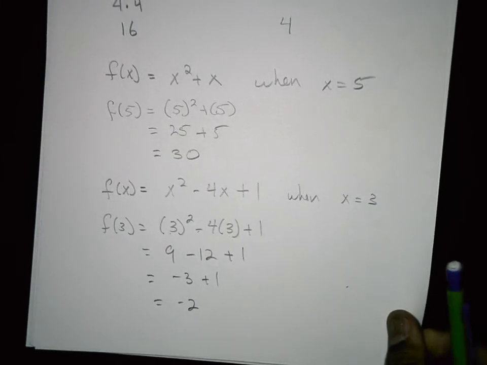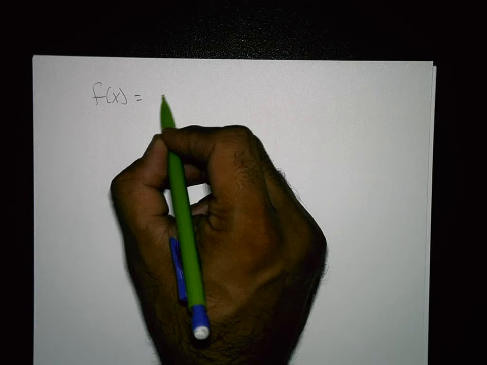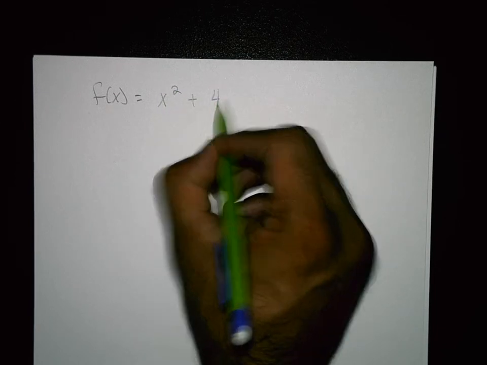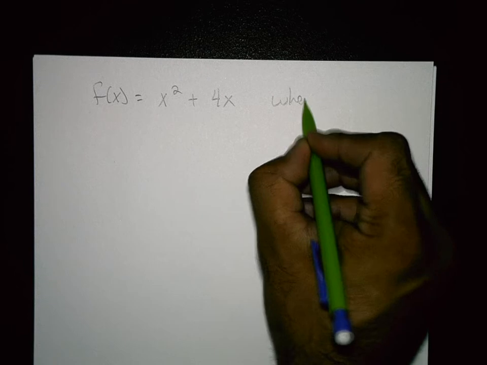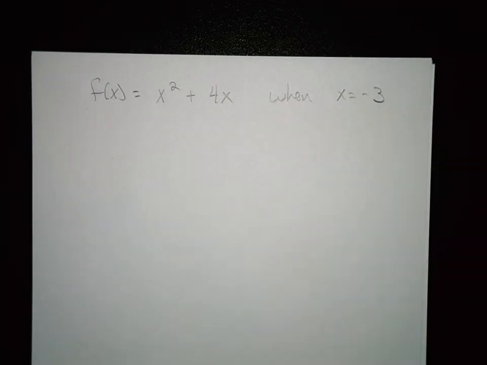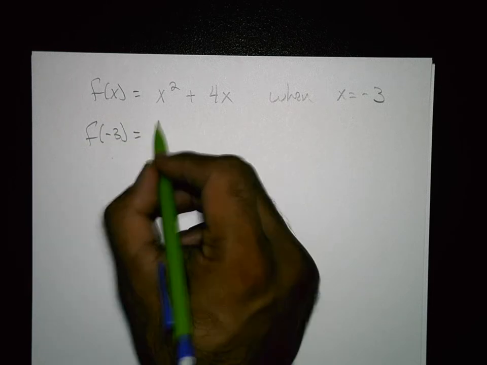Where most of the problems occur is when people have negatives. If I gave you something like f of x equals x squared plus 4x when x equals negative 3, we get f of negative 3.